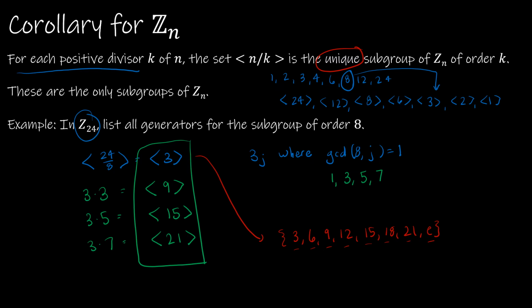Now, if I generate with 9, I'm going to end up with 9, and then 18, and then 27, but remember that would be 3, and so on and so on. So we're going to end up actually generating the same subgroup. So it is a unique subgroup, but it can be generated by any one of these 4 elements. So these are the 4 generators for the subgroup of order 8.